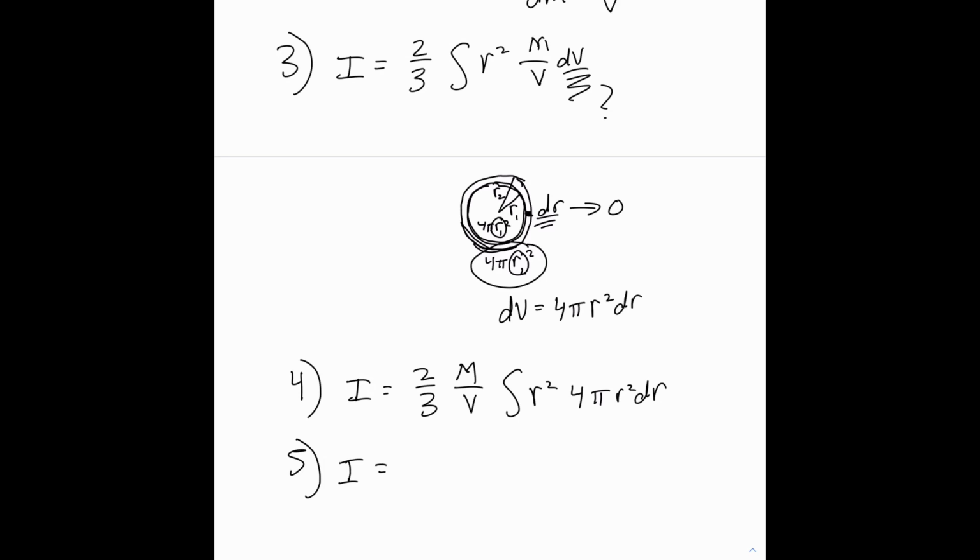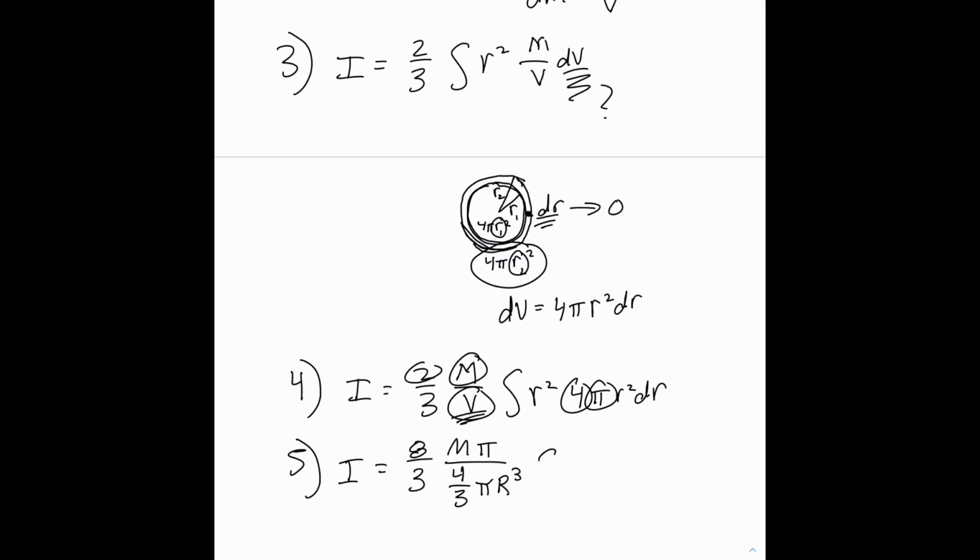I equals, let's see, 4 and 2 gives us 8/3. And then we've got an m and a pi, and now in place of v, that represents the volume of the whole solid sphere. That's 4/3 pi capital R cubed.